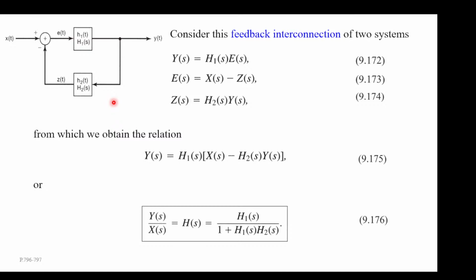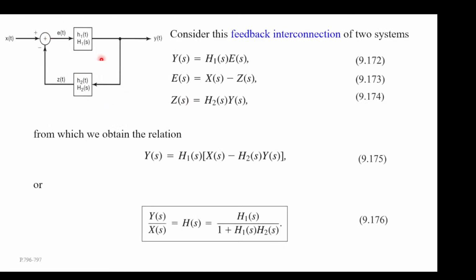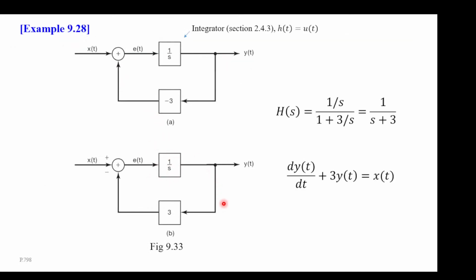Okay, and let's go back to an example that we forgot. I think we also go through it very quickly, but I think we did this. So we go through this integrator example in chapter 2. This is an instantiation of this thing. We have H1 being 1 over s and H2 being 3.